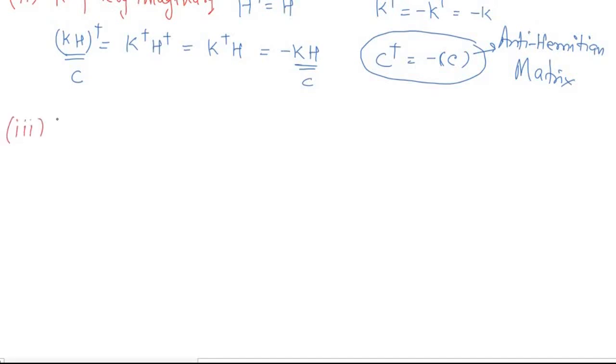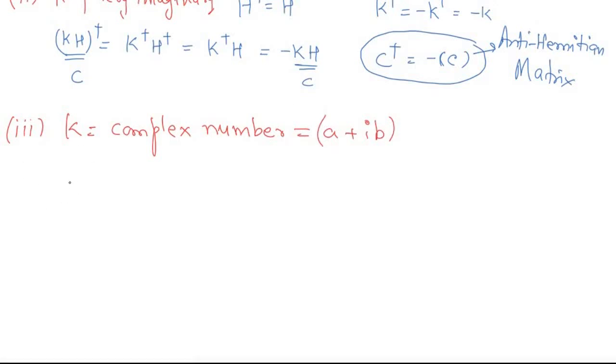So I'm continuing here. The third one is if K is a complex number and it is not purely imaginary. Let us say it is A plus iB, having both real and imaginary parts.